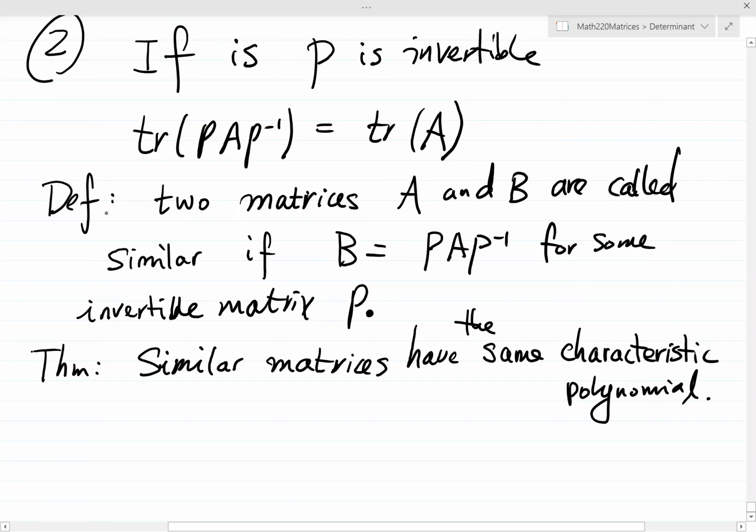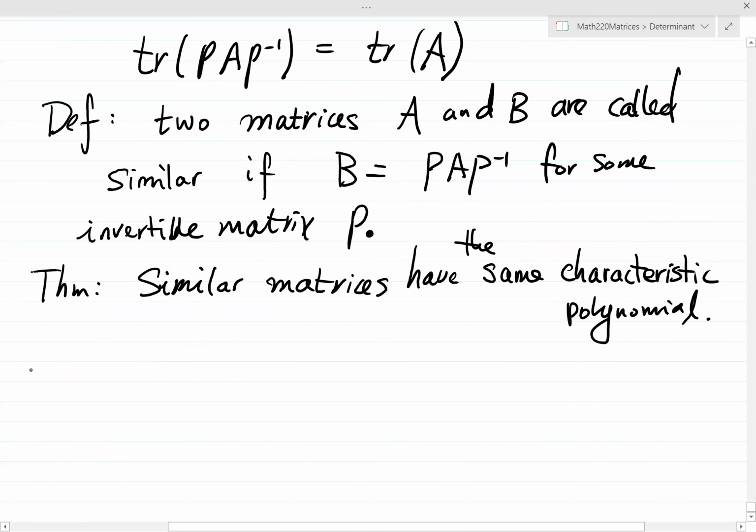Proof. Suppose A and B are similar, so B equals P A P inverse.